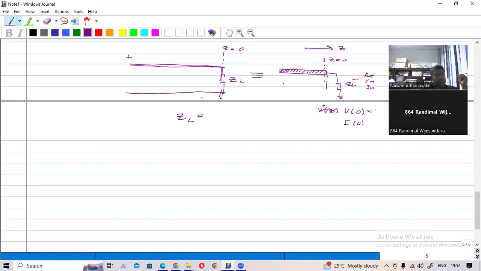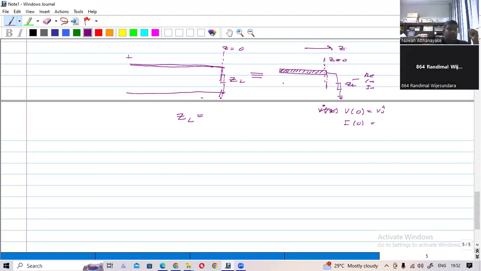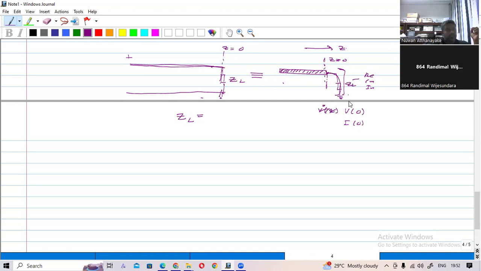So you can write V0 as V0 plus V0 minus, and I0 as I0 plus minus I0 minus. Anyway, we have V0 and I0. This is the voltage and current here. This current is going through this ZL, and the voltage is between this ZL and the transmission line. This is the V0 and this is the I0.